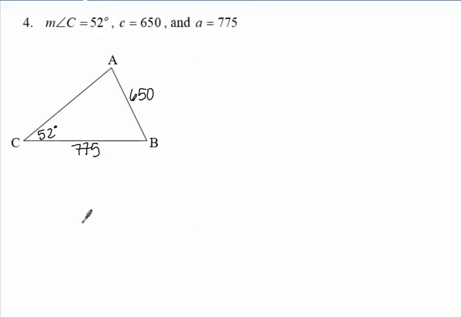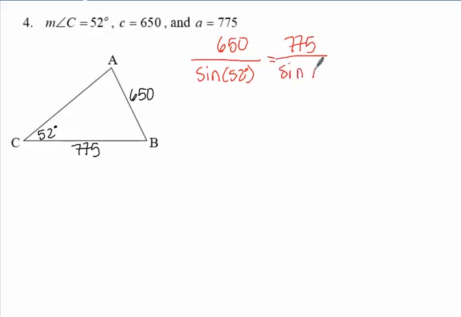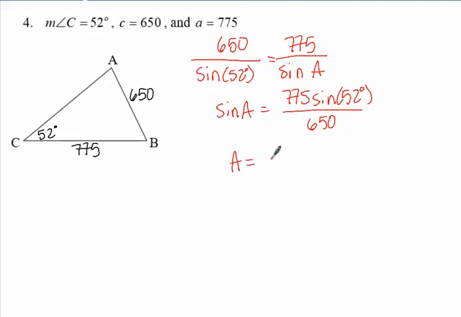Since we know angle C and side C, let's start there. 650 over sine of 52 equals, and I'm going to try to find the measure of angle A, 775 over sine of A. So let's start solving for A. I get that sine of A equals 775 sine of 52 degrees over 650. So A is the inverse sine of this fraction.